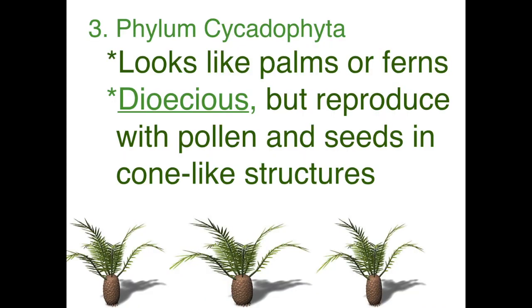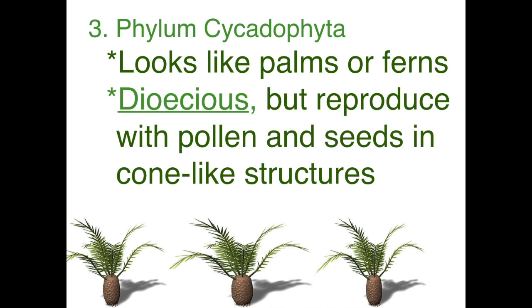Now, cycads aren't as common. These are not palm trees that you may see in Florida, but these are also dioecious, meaning there's one male and then there's one female. They have a cone and a pollen. Now, one way to remember this, remember di means two.